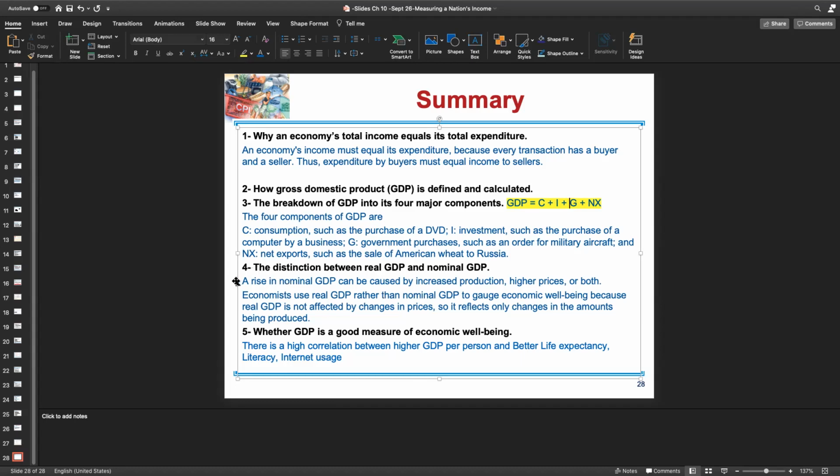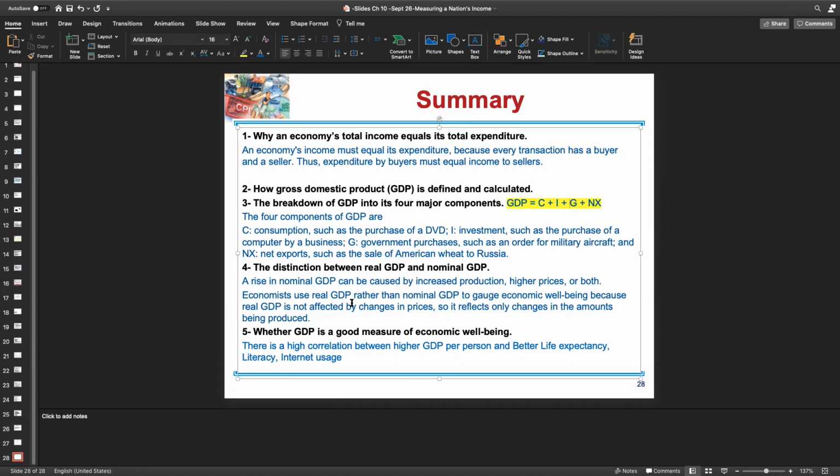We also talked about the distinction between real and nominal GDP, and you learned that a rise in nominal GDP can be caused by an increase in production, higher prices, or both. We can differentiate between these by looking at the real GDP compared to the nominal GDP.